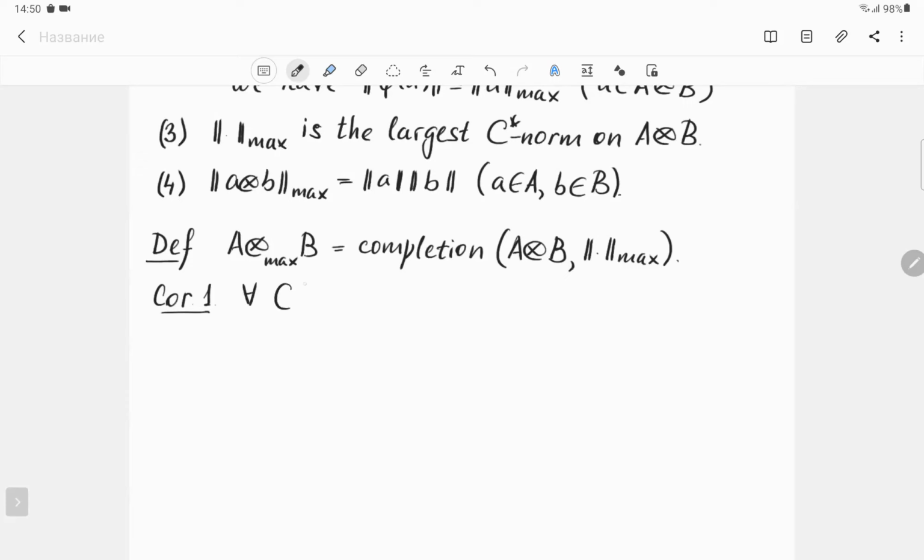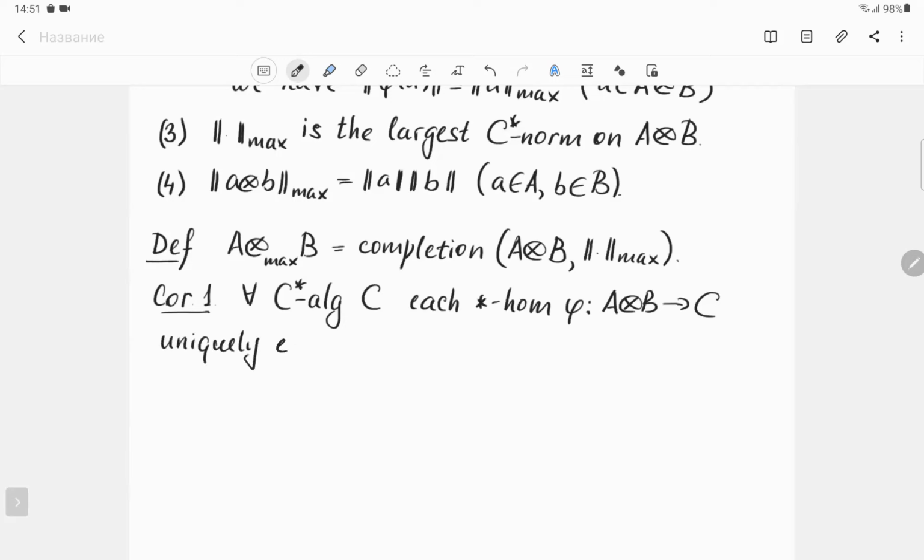For each C-star algebra C, each star homomorphism phi from the algebraic tensor product of A and B to C uniquely extends to a star homomorphism from the maximal tensor product to C.